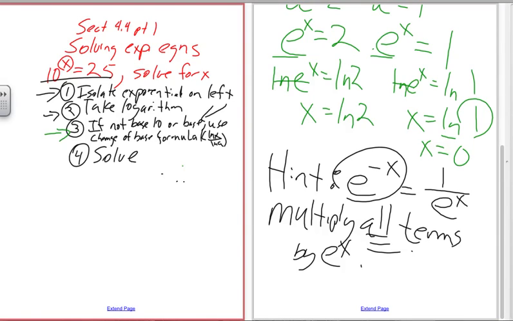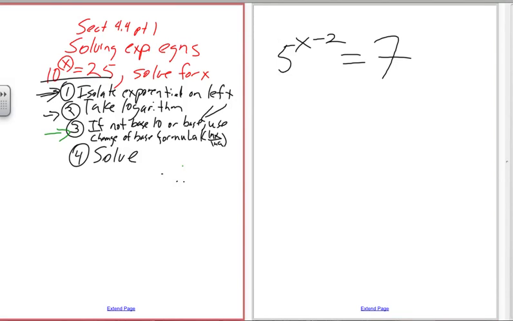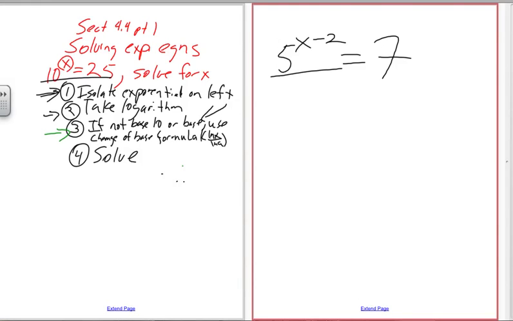All right, I want to work one more example for you. 5 to the x minus 2 equals 7. Okay, we're back off to this one. This isn't one of these little funky quadratics. So I isolate my exponent on the left, done.